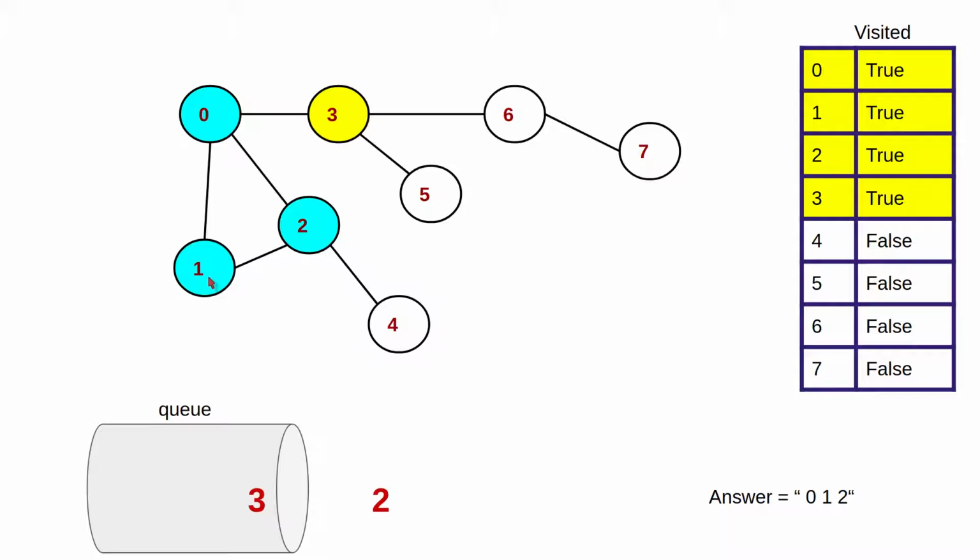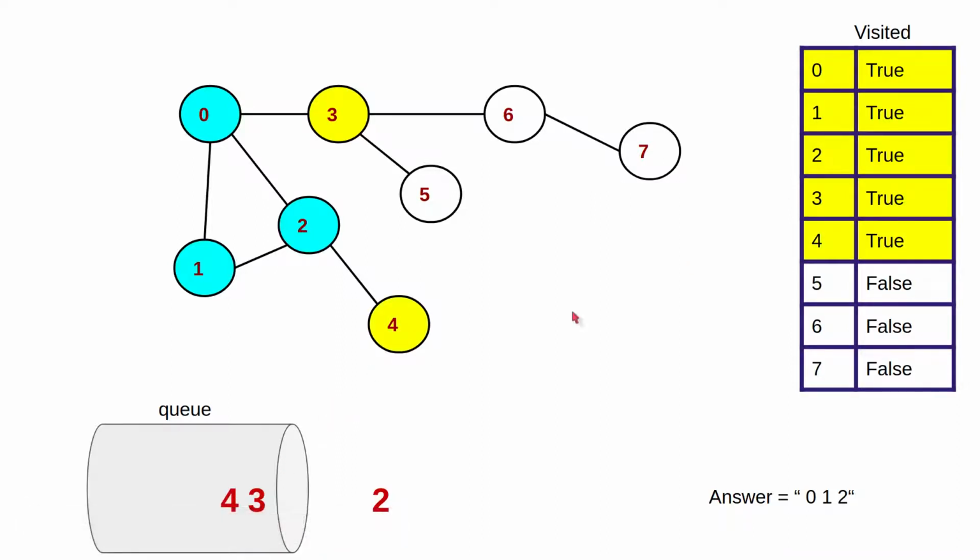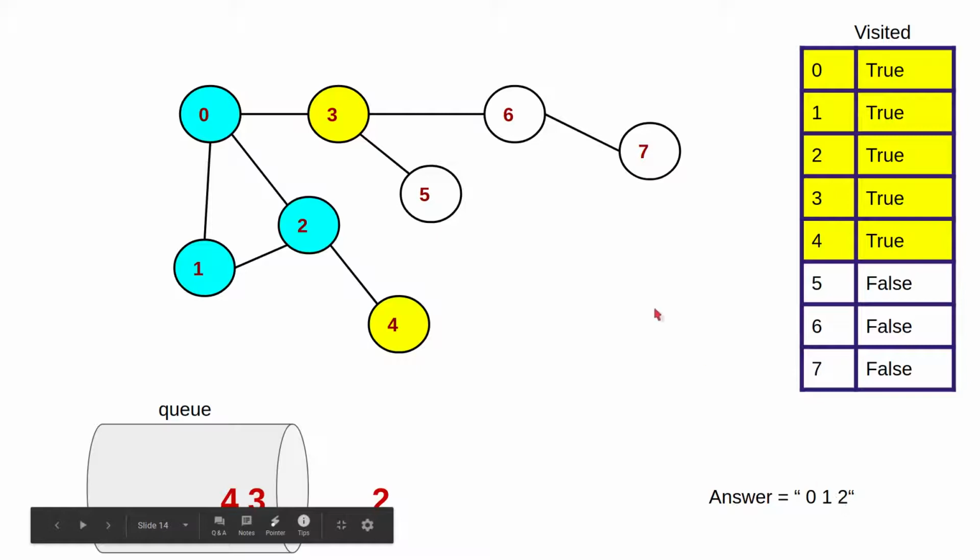Moving further, the adjacent nodes of 2 will be explored. 0 and 1 are already explored, but 4 is an adjacent node and it hasn't been explored, so it will get added into the queue and marked as visited. This 2 also got added into the answer string, and in this way the traversal will go on.